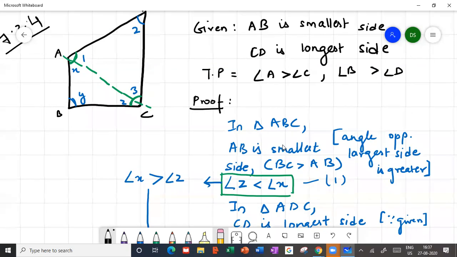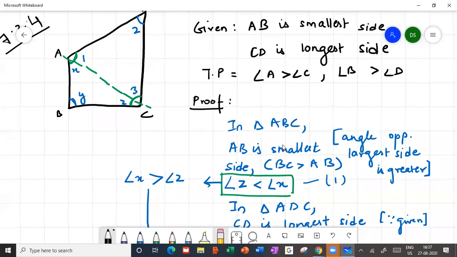The other part of this statement will be angle opposite to smallest side is smaller. Correct? So angle opposite to AB is Z. This is the smallest side, right? Out of these three sides in the triangle, AB will be the smallest side. So Z will be less than X or Y. In this case, we are not considering Y because it's not of use to us. So Z will be less than X.